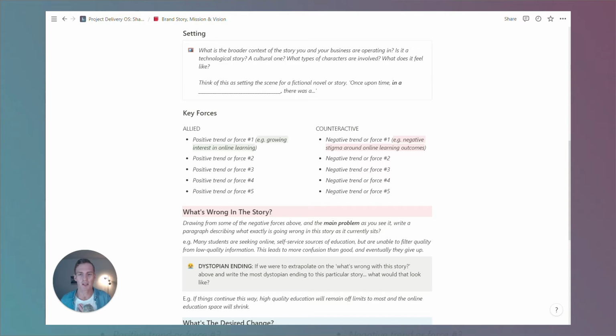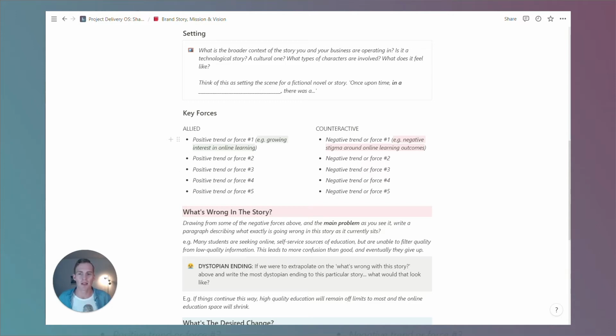So, for example, if the story was about modern education, maybe we have a business which is an online educational company, and we're looking around at the story as it currently exists. We see some key players who are already leading the way for us. We see some key public figures, some intellectuals maybe, some companies that are already developing new technologies.